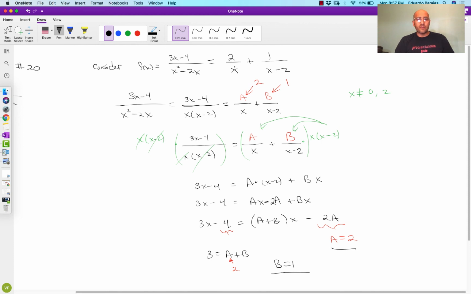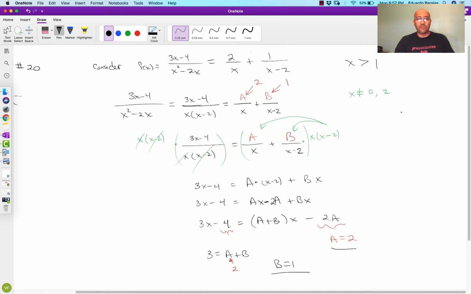Now each function is clearly positive for x greater than 1. Clearly each function is decreasing for x greater than 1, right? This is an easy one to tell. If not, you can just take its derivative.